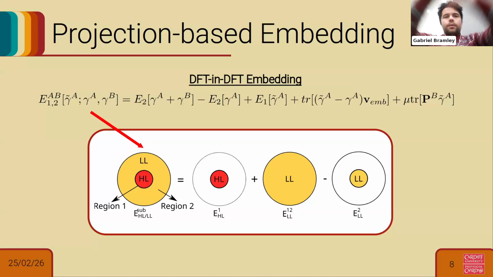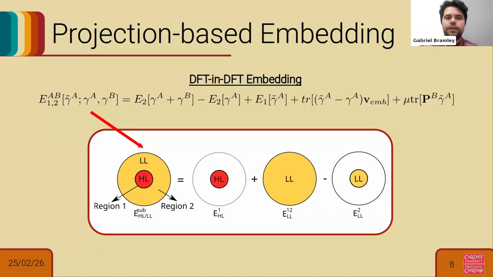So we move on to what we've introduced in FHI-aims, which is projection-based embedding. So like QM-MM embedding, where you describe a small part of your system with a higher level of theory, you're now describing the wider environment with another quantum mechanical method.